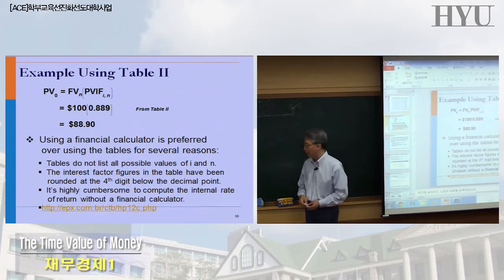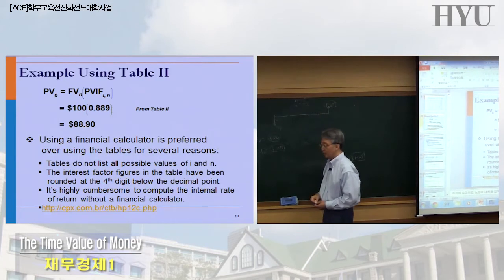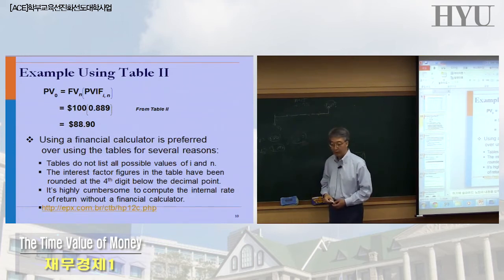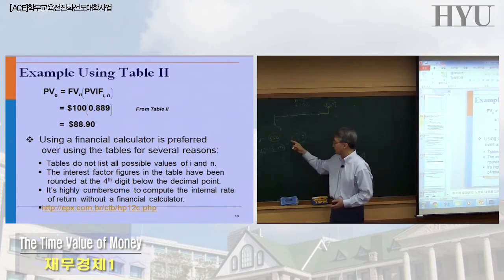Interest rate. In other words, what is the rate of return on this investment? And if you find the rate of return, you compare it with the bank interest rate or market interest rate, to see if the return on this investment is better than what's available in the market today.